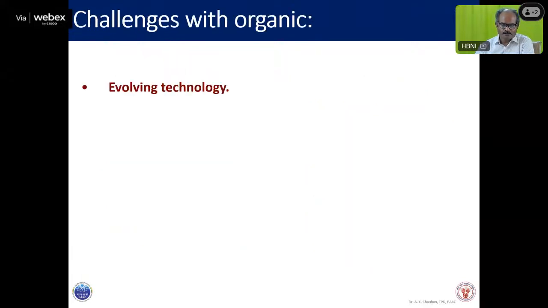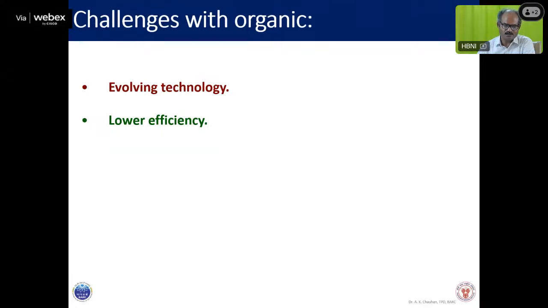Then there are some challenges also with organic devices. The first is that it is an evolving technology. It has not yet matured completely. Many people are doing experiments at different laboratories or in different industries, but the technology has not yet matured completely. So it is still at an experimental stage.